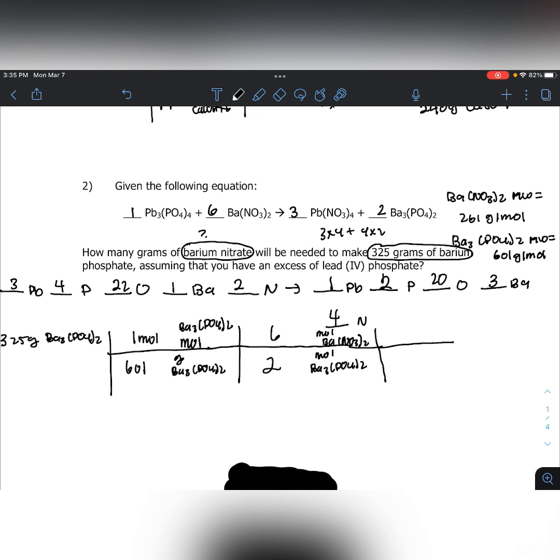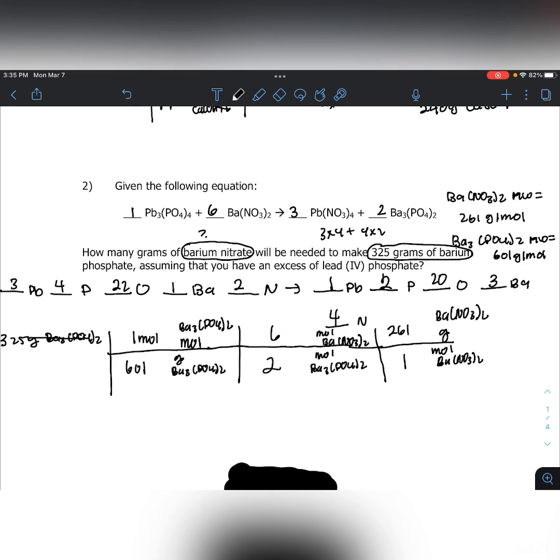Cool. So now that we have been able to convert that, we can go ahead and write down at the bottom moles of barium nitrate. And now we can do grams over here. And then as always, we can use the molecular mass to convert. So that should be 1 mole to about 261 grams.